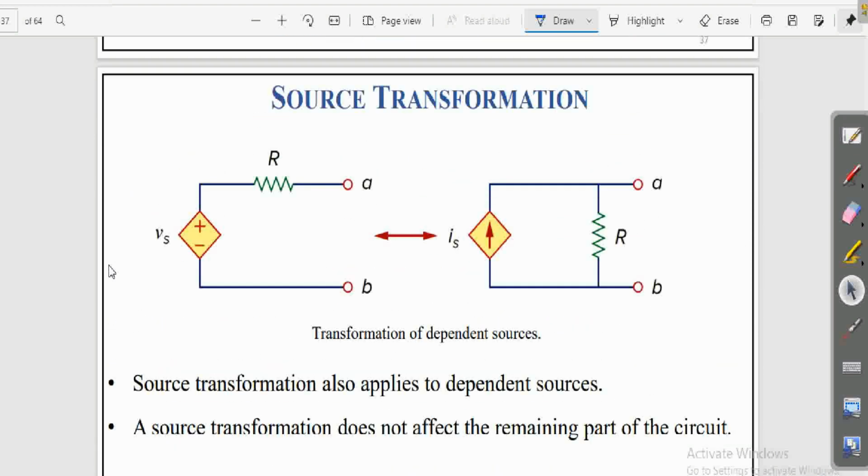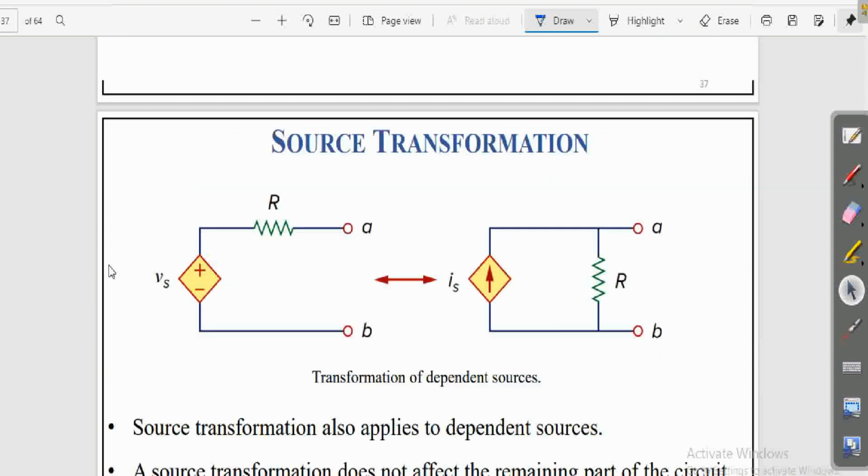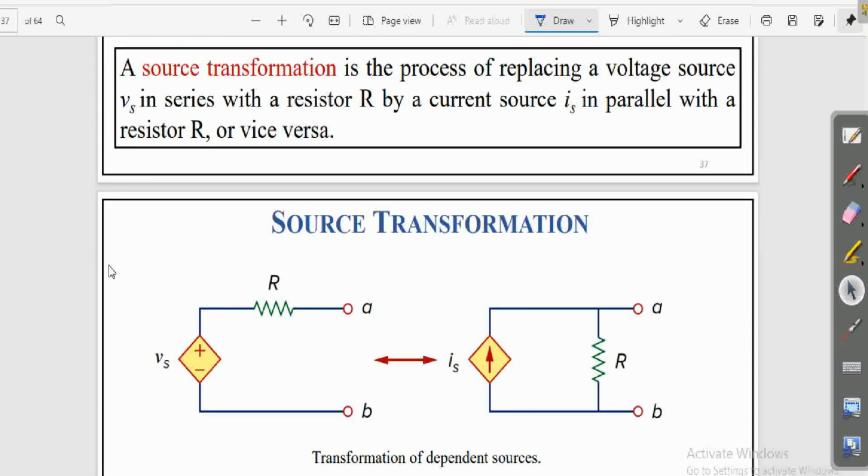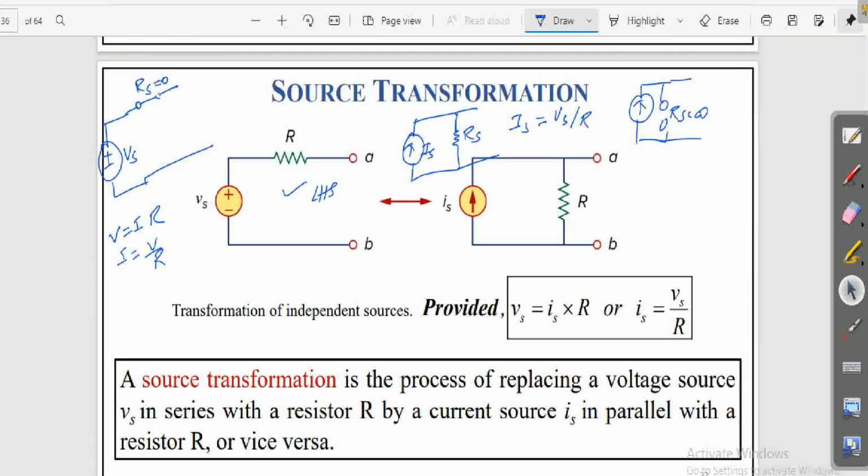Dependent sources also can be transformed. For example, in this we have taken voltage to current. Let us take current to voltage.